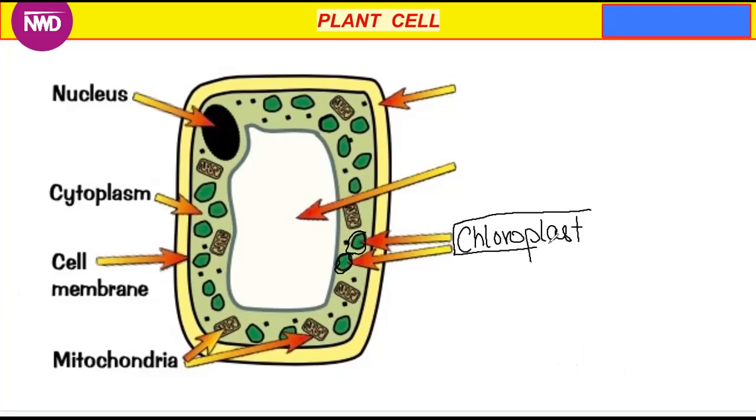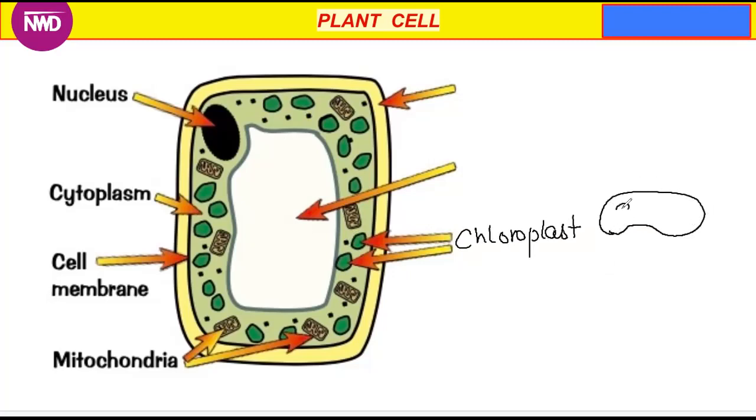Okay. Chloroplast is the most important part we are going to see. In the plant cell, it has two functions. The first and very important function is to provide green color to the plant. But first, let me make the structure of the chloroplast, then I'll tell you about its function. So this is the basic structure of a chloroplast.